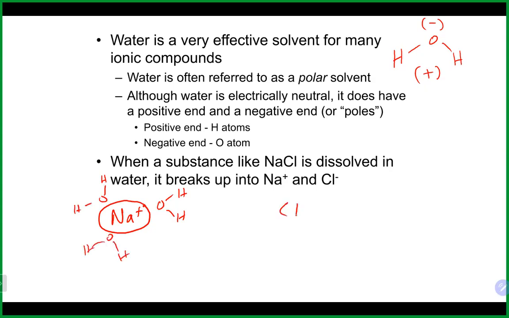And the chloride ions would also get surrounded by water in this case, but it would actually get surrounded by the positive side of water, which is the hydrogen side here. And that is basically how something dissolves.